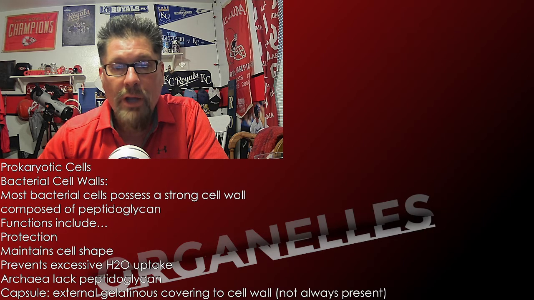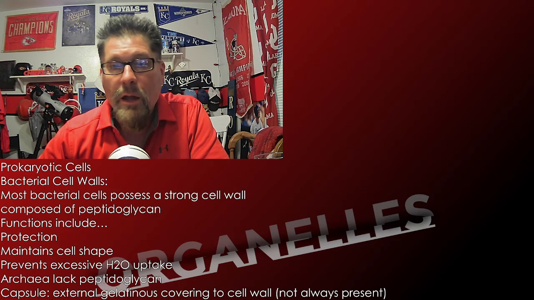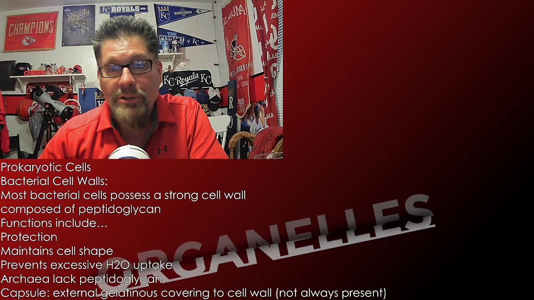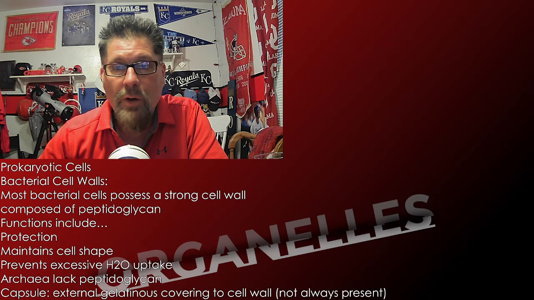It's multi-layered as far as construction. It's like taking steel beams and crossing them and wrapping that in iron, and it's pretty strong. But that cell wall has lots of functions. It maintains the cell shape and prevents excessive H2O uptake.